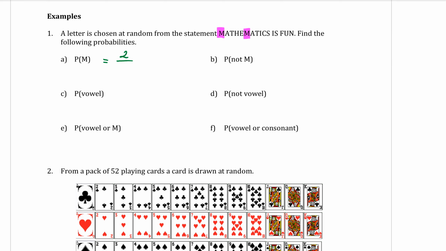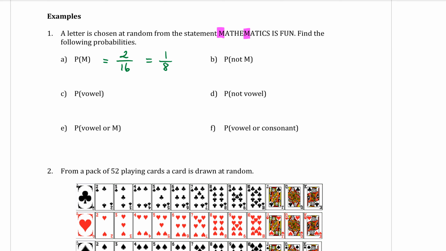How many outcomes are there altogether? You need to sit there and count up all those letters. Has anyone done it? 16, perfect. Now, as I said before, we usually like to leave our answers as fractions, but they should be simplified. And this fraction can be simplified. Dividing top and bottom by 2, I get 1 over 8.